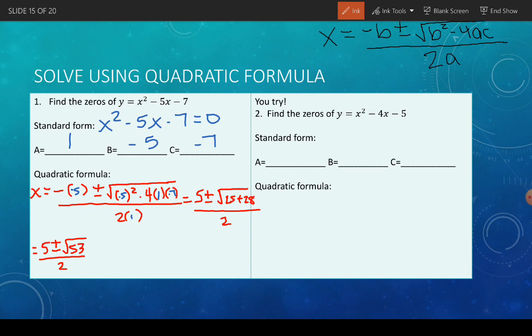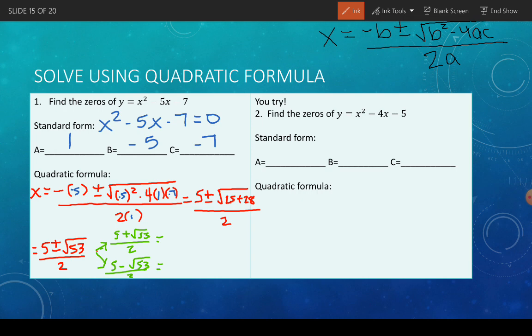And then we have our two separate equations. We're going to have 5 plus the square root of 53 over 2. And we're going to have 5 minus the square root of 53 over 2. When we solve these, we'll get our zeros, okay? So the square root of 53 is what we have to put in our calculator before we can add it to 5, okay?